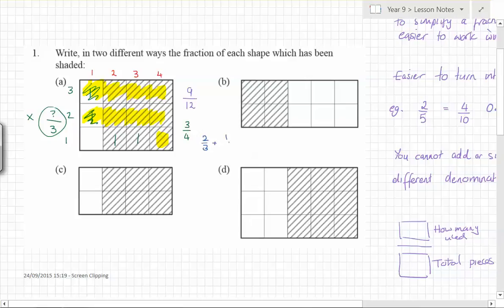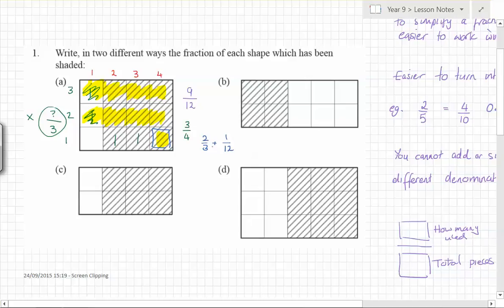What's 1 square worth? 1/12. 1/12, Jenna, well done. You see that? So we can't say how many thirds, but we've got 2/3 plus 1/12 left over.